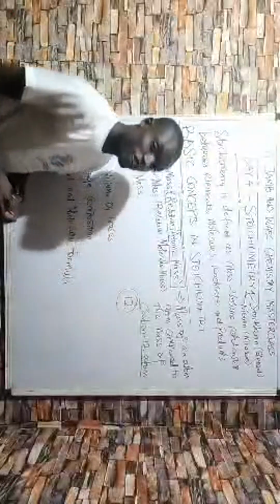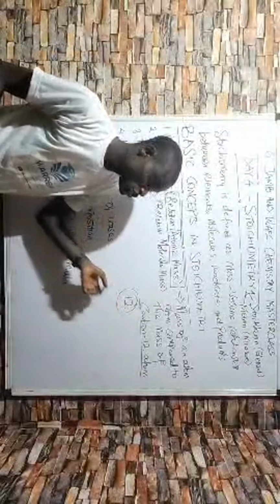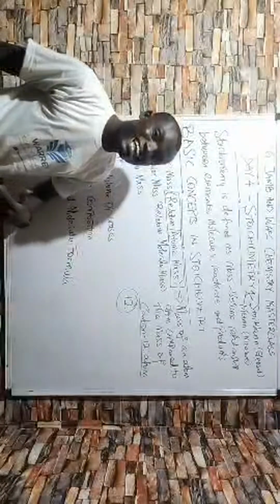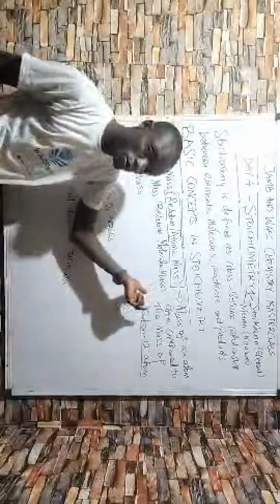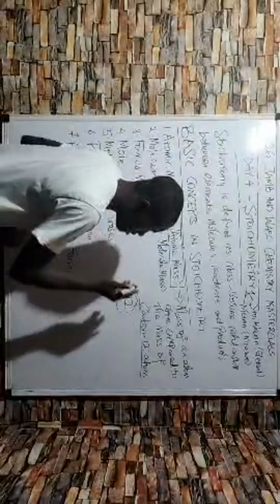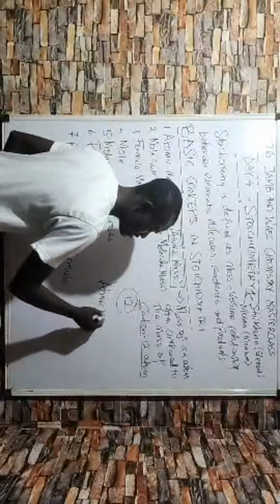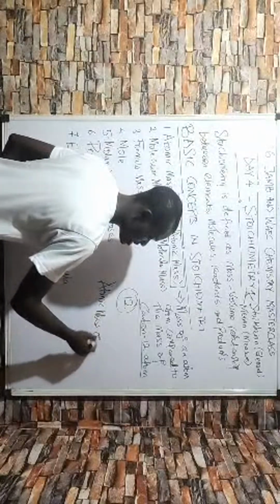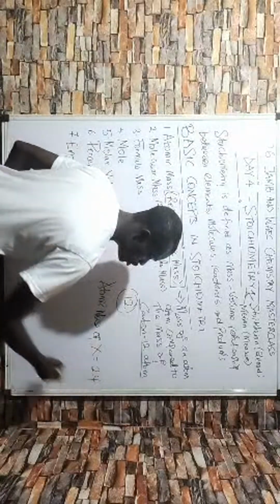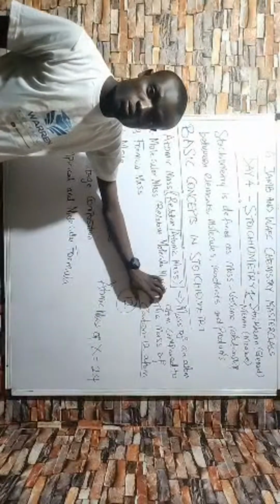So when we have a substance, we can compare its mass with carbon-12. If we find out that that substance is 2 times heavier than carbon, 2 times 12 gives us 24. So without calculation, I know that the atomic mass for that element, let's say X, will be 24. We can make that comparison because we know this standard, which is carbon-12.